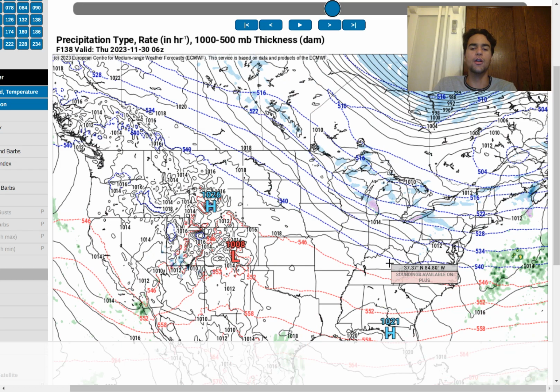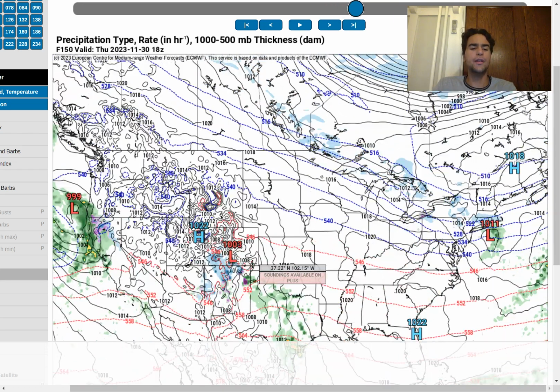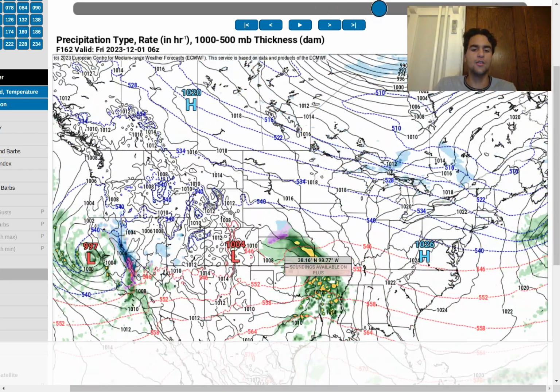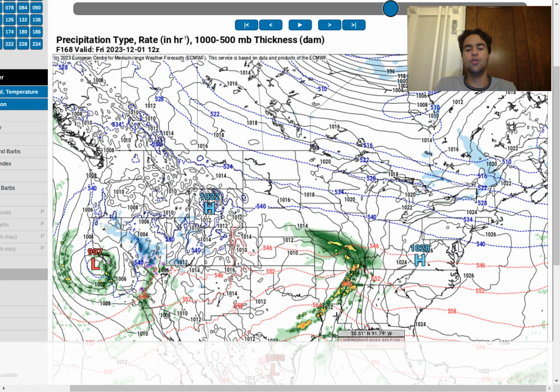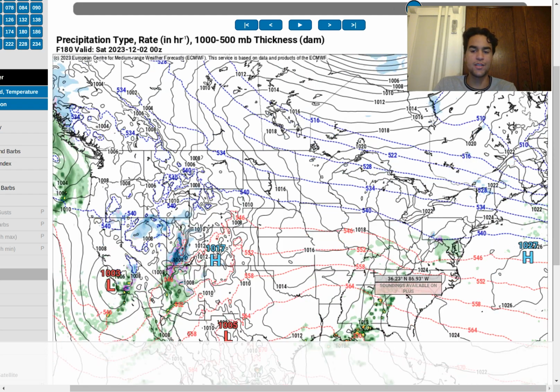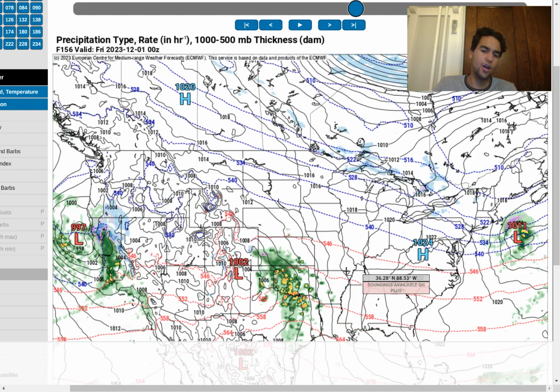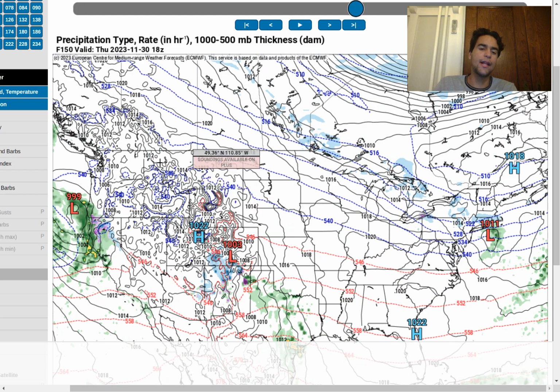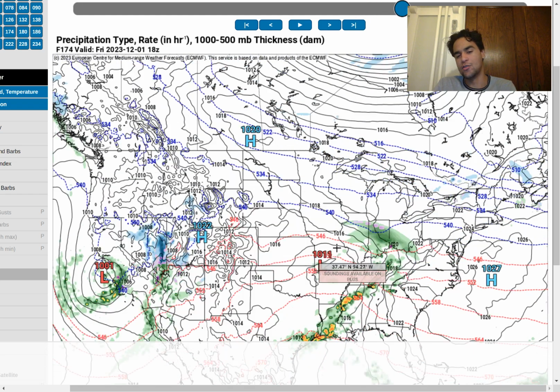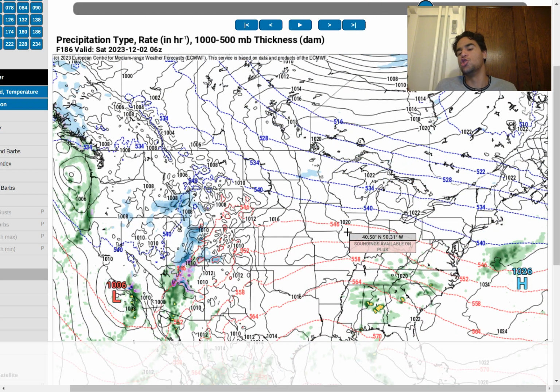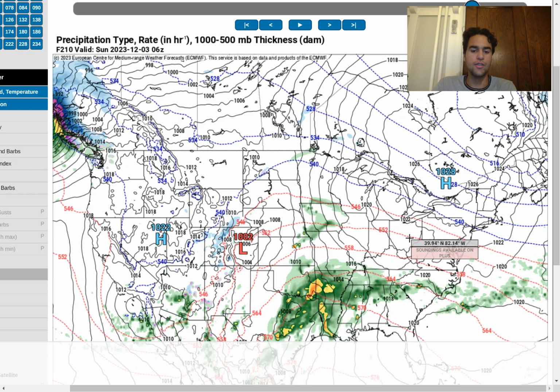And moving forward beyond this point, the European model also expects a pocket of cold air to move in and just enough instability for the convective activity to increase right over the southern Midwest, but expects an even weaker storm, as the European model, like I said, doesn't expect as much cold air to move further southward for this storm system to have as much energy or convective available potential energy for the convective activity to stay afloat as it continues ahead further eastward. So we pretty much just see it dissipate, not really producing any snowfall.